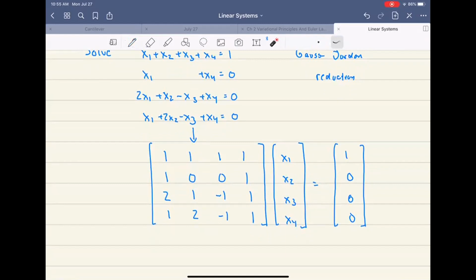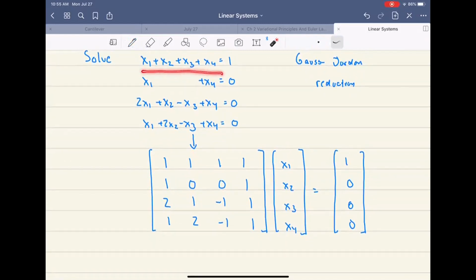The first equation, x1 plus x2 plus x3 plus x4 equals 1, is thinking of 1 times x1 plus 1 times x2 plus 1 times x3 plus 1 times x4 equals 1. x1 plus x4 equals 0 is 1 times x1, x2 and x3 get zeros, 1 times x4 equals 0. 2x1 plus x2 minus x3 plus x4 equals 0.